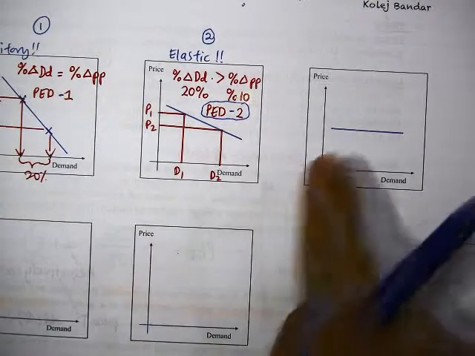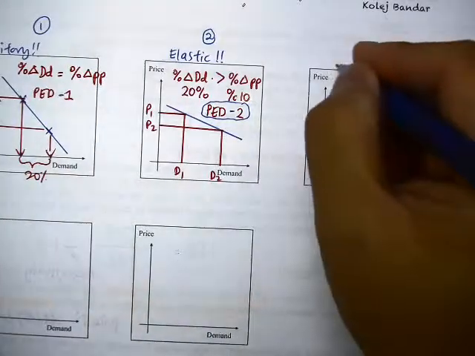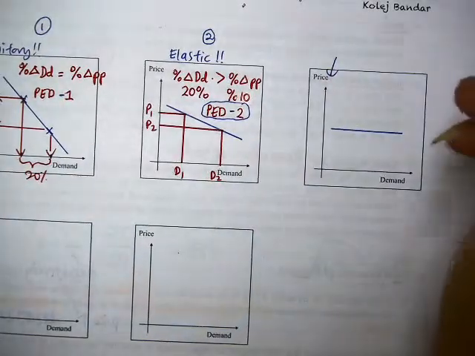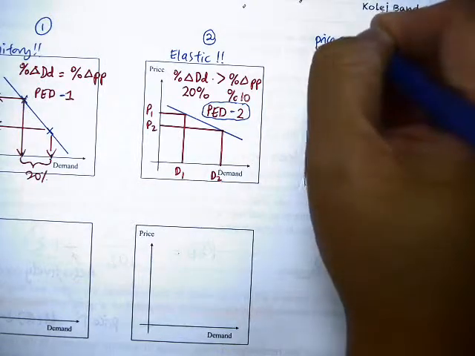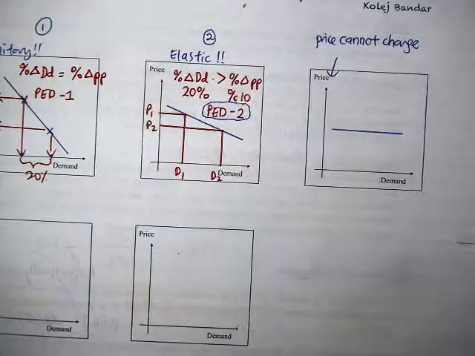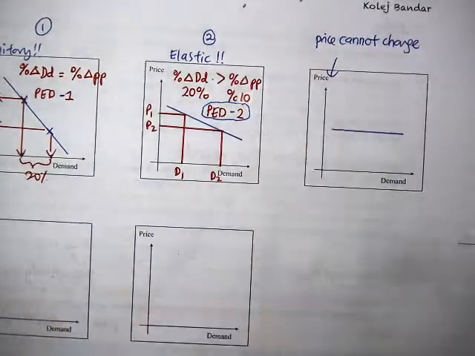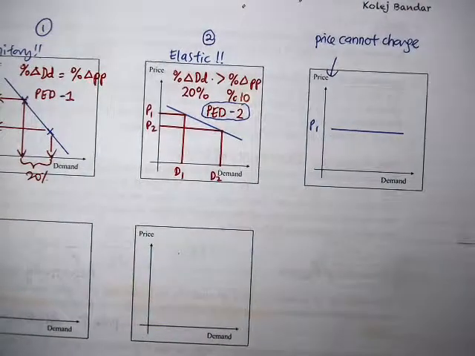Now, when you have a line that looks like this, what is that? This is a situation that the price cannot change. That's why you only have one price in it. No matter what demand they have, you cannot change the price of it.